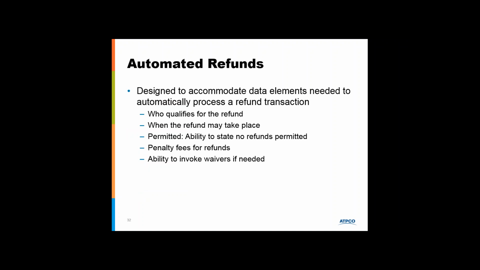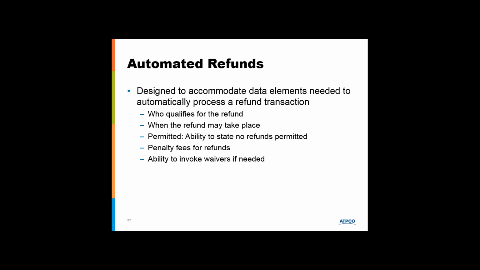So the refunding process is voluntary. This is indicating who, if a refund can occur, how partially flown tickets should be repriced because it goes through a repricing process in order to return a refund. That fare may have a penalty on the refund.